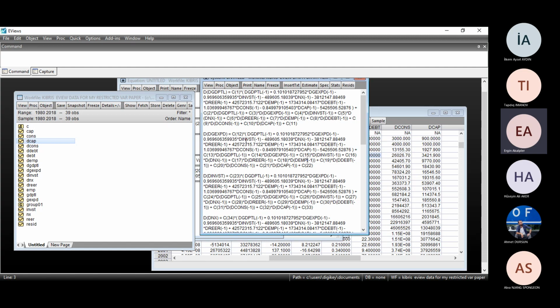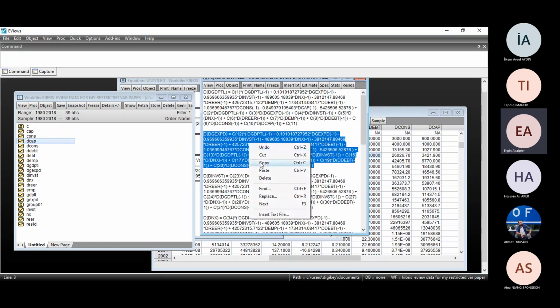Sorry, not C2, C12 you will do. But C14, government expenditure, you don't do because it is the same. You will skip this and you will do the rest. Let me do the second model. I will copy this.